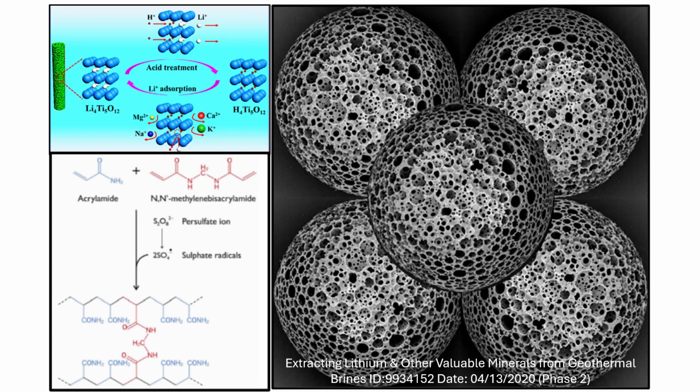So the lithium from the geothermal brine is adsorbed and then concentrated and then washed off with an acid treatment. The image on the right that you see is kind of an imaginary vision of what the porous polyacrylamide beads might look like. So let's go on to the next slide.